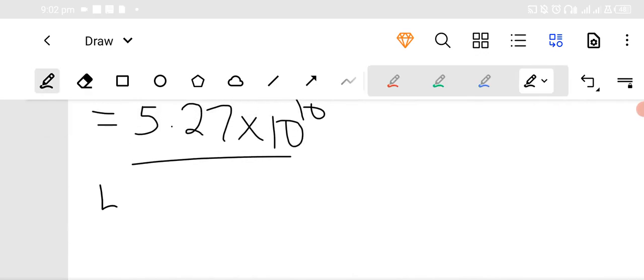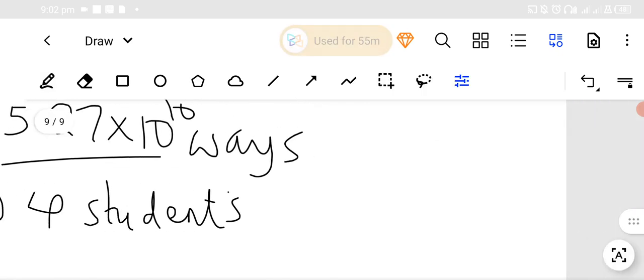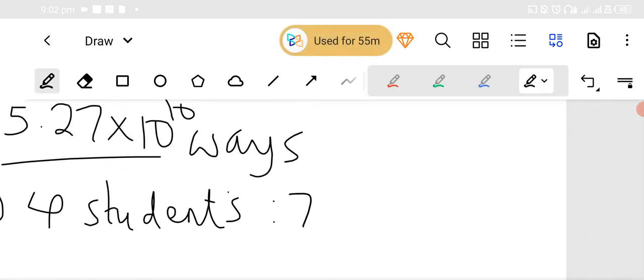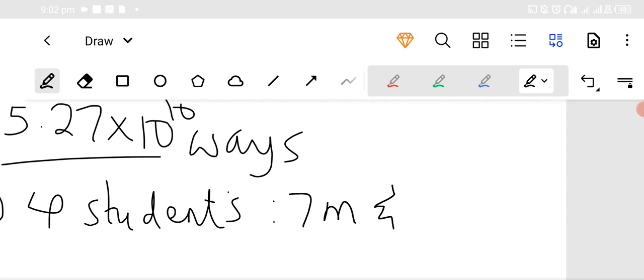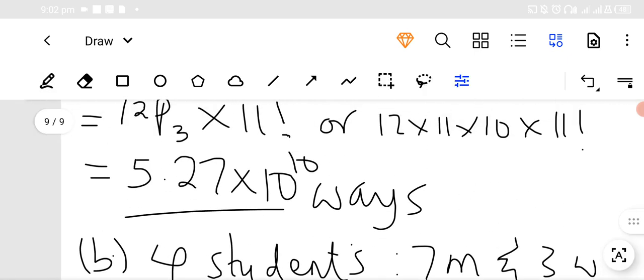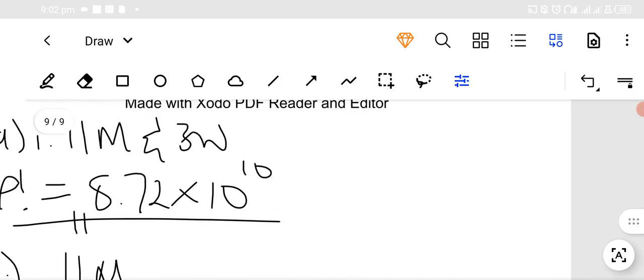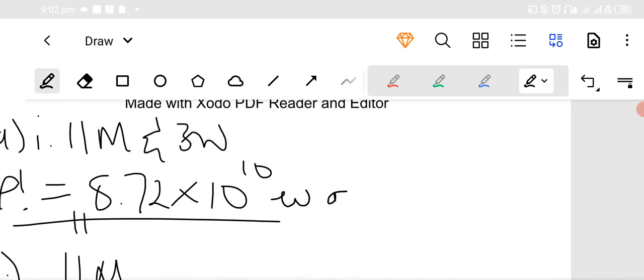So for question B, a group of 4 students to be chosen from 7 males and 3 females. So yeah, that's how you do it. 5.27 times 10 to the power 10. Let's write ways, because they'll ask you what this answer is about. You're asked to find the number of ways.